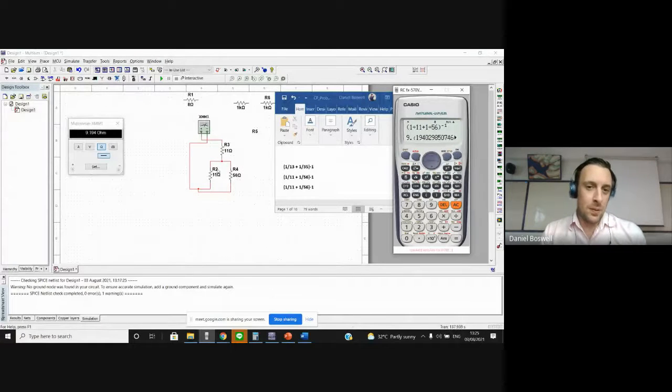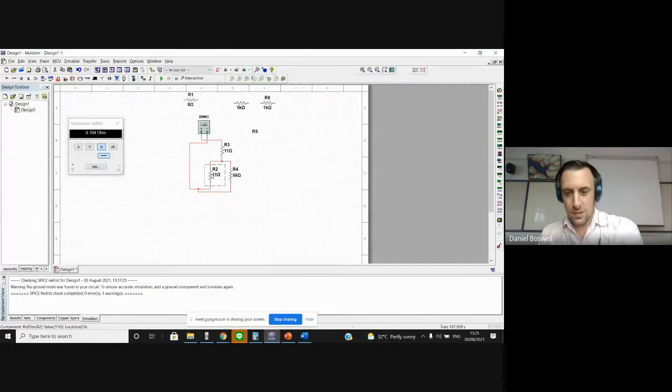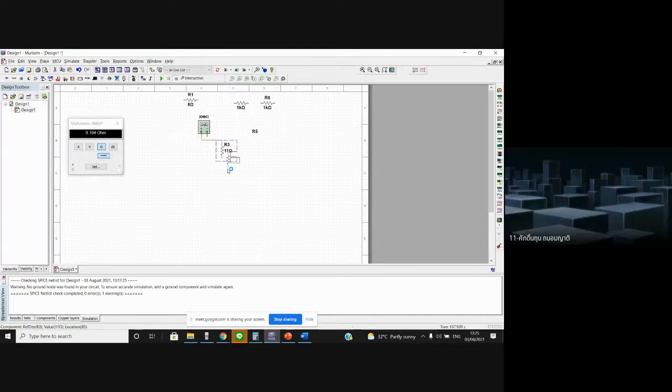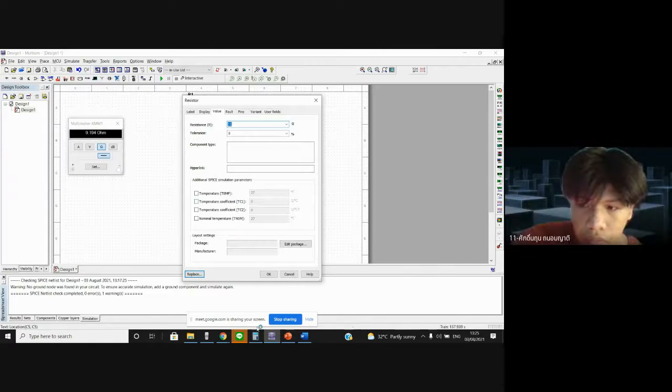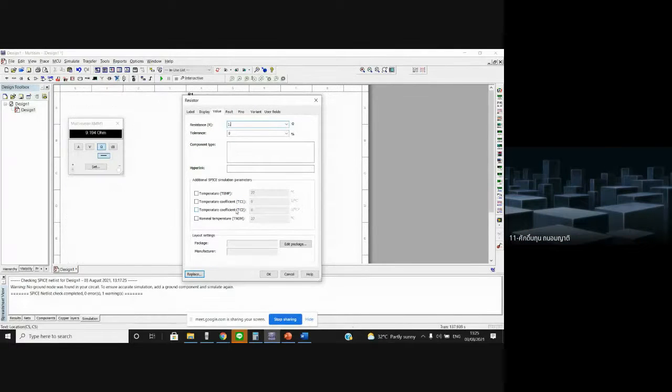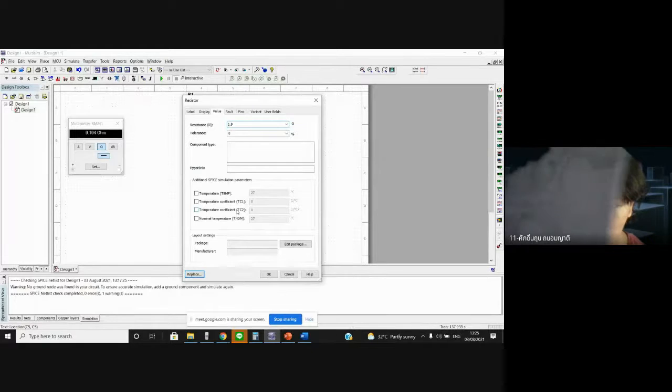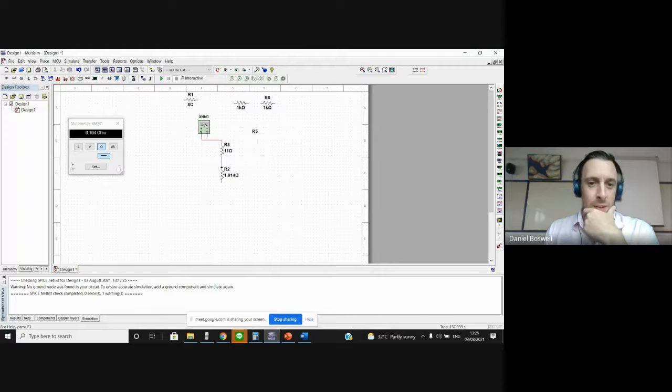So what we can do is delete this. We have a value here, because we've calculated the two parallels into one, which now gives us a series circuit.